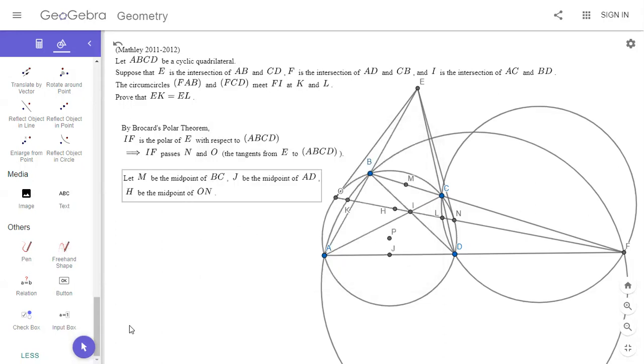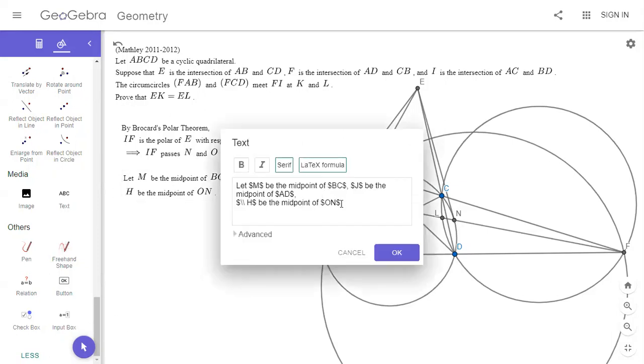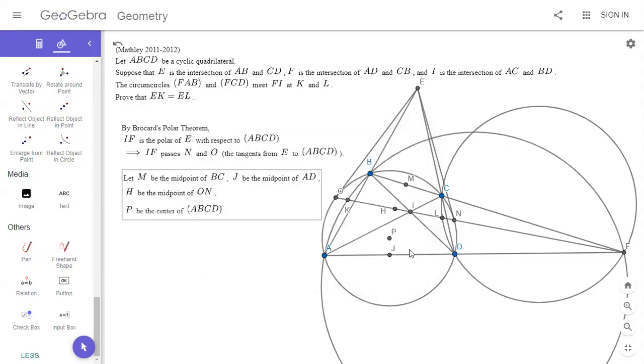All right. And P be the center of ABCD. All right.